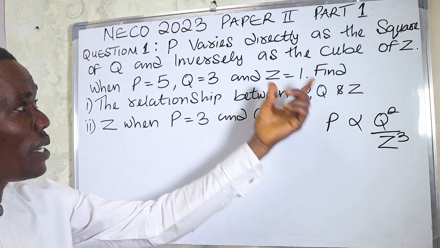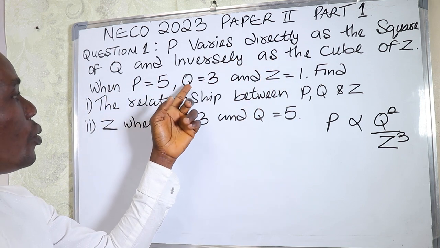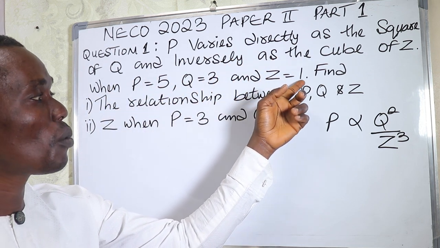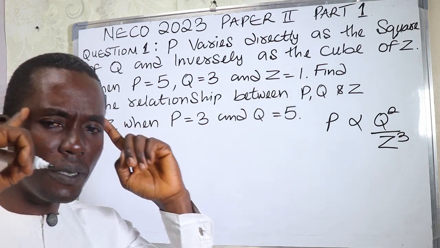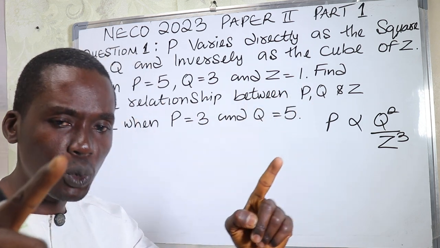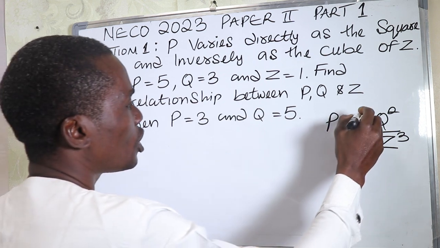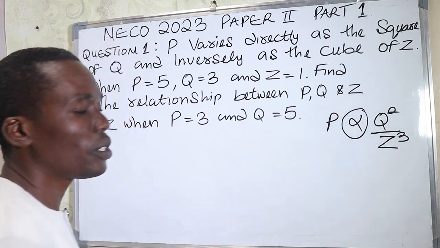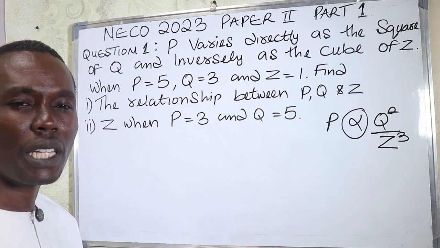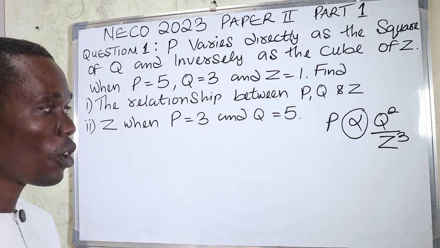Now, from the first question we're given that P is equal to 5, Q is equal to 3, and Z is equal to 1. The first thing that should come to your mind is to look for the relationship between these parameters. For us to get the relationship, we have to take away this proportionality sign and replace it with a constant.